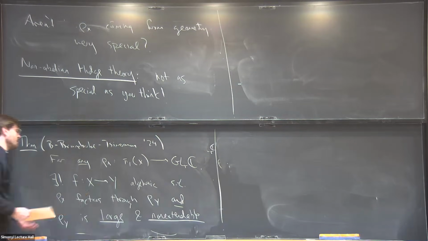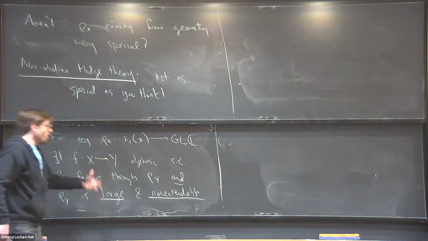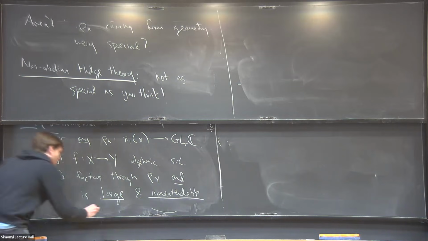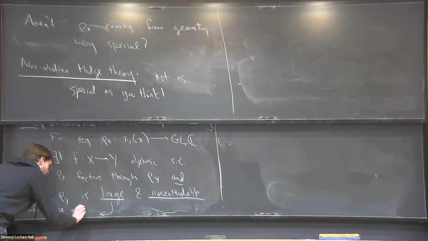Okay, so let me tell you what that means. So large, this is a notion that goes back to Kollár. Large means that on any positive dimensional subvariety, the image of this representation is infinite. This means infinite image on any subvariety.